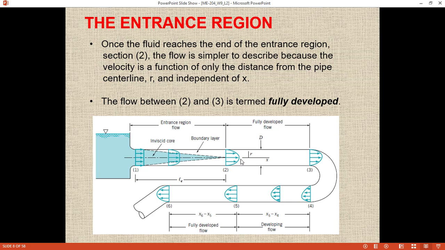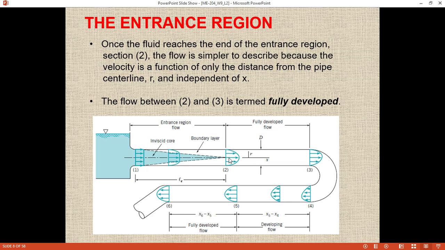So here, after reaching this region, the velocity profile is no longer a function of x, it is a function of radius only. So after point 2, the flow is simpler to describe because the velocity is a function of only the distance from the pipe center line r and independent of x.